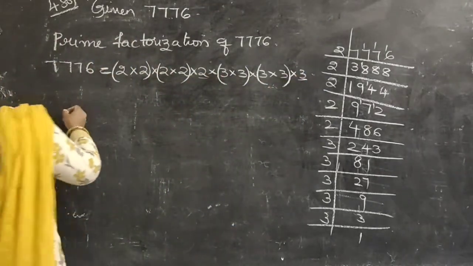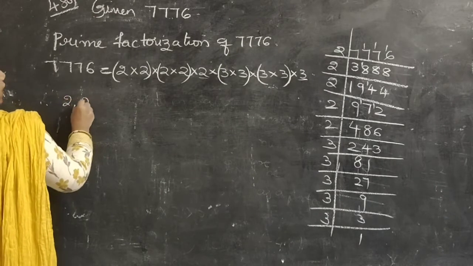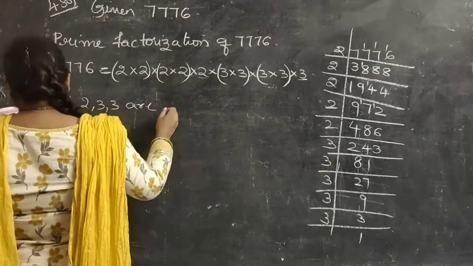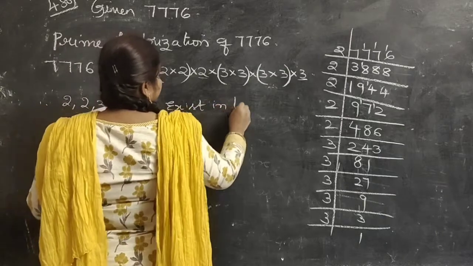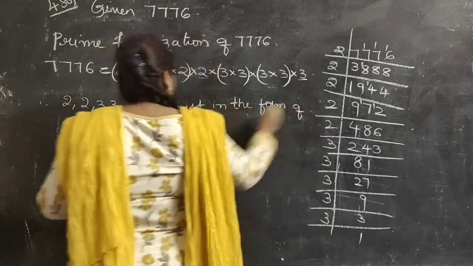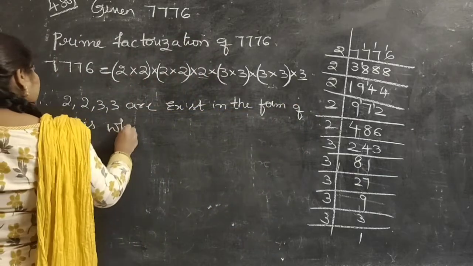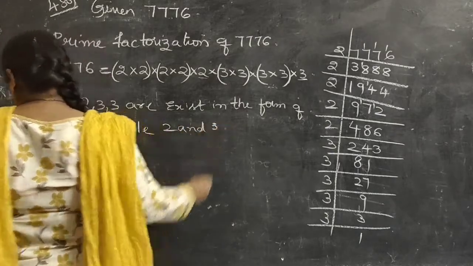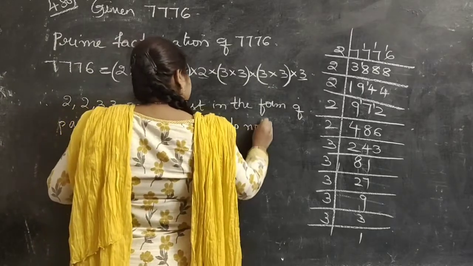Therefore 2, 2, 3, 3 exist in the form of pairs, while 2 and 3 do not exist.